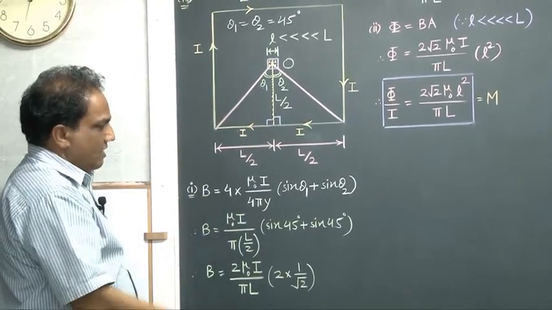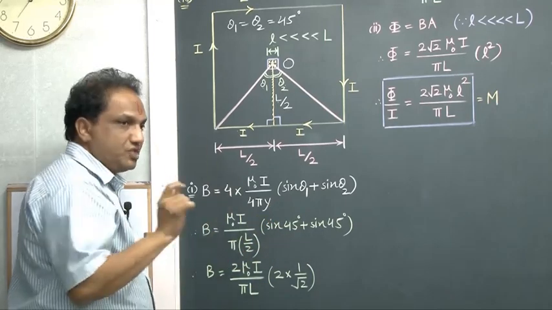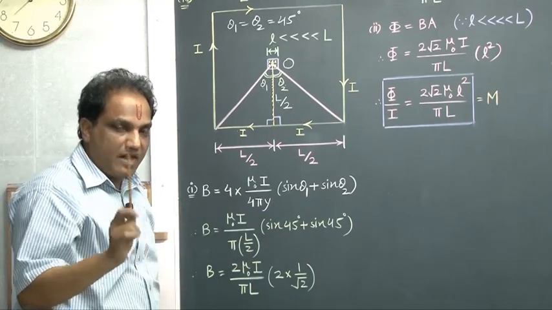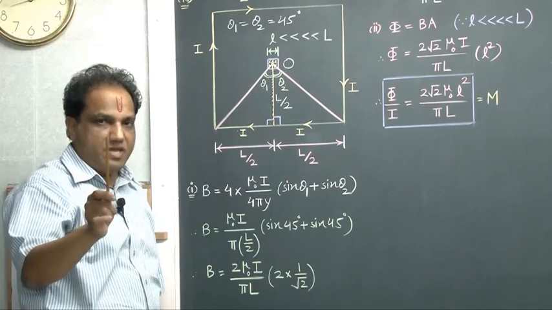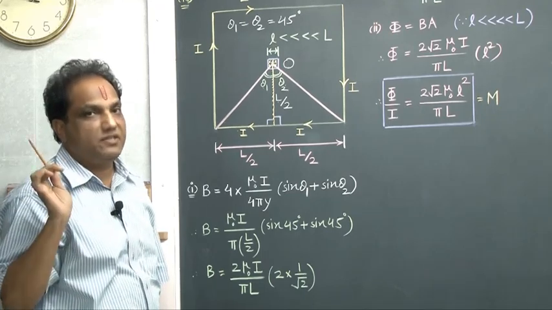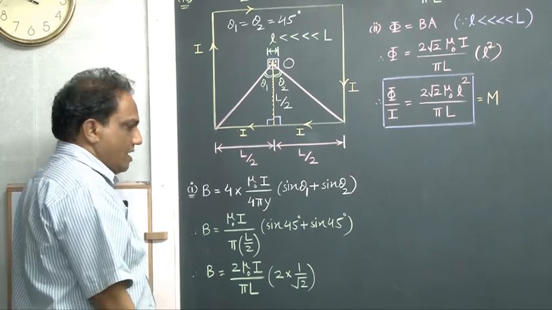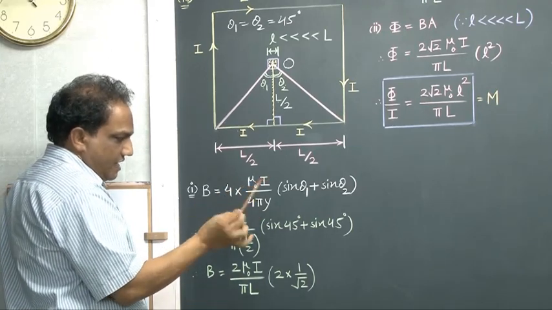Now don't you know the magnetic field produced at perpendicular distance y due to limited length of current carrying straight wire? Don't you know that formula? Mu 0 I upon 4 pi y into sin theta 1 plus sin theta 2. Now tell me, this 4 will cancel, correct?